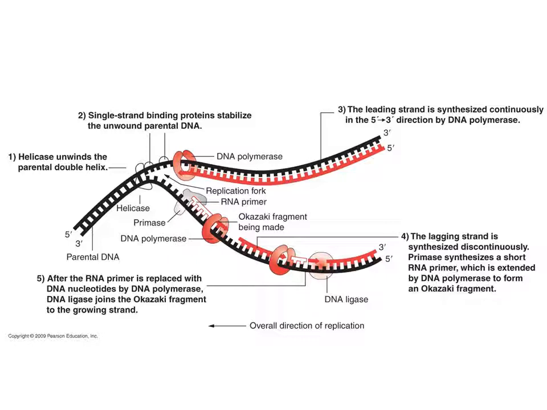DNA polymerase 1 will come and excise that RNA primer and lay down DNA. The final step is there's one gap between these different fragments of DNA that have been synthesized. These fragments are called Okazaki fragments. And this final step is a linking of all these tiny fragments, and that is done by DNA ligase.